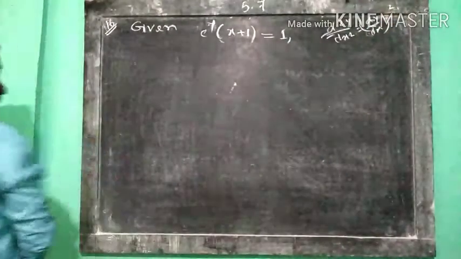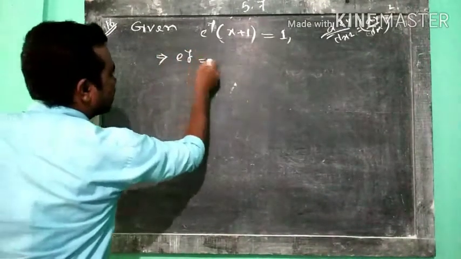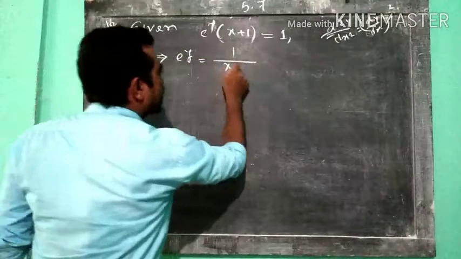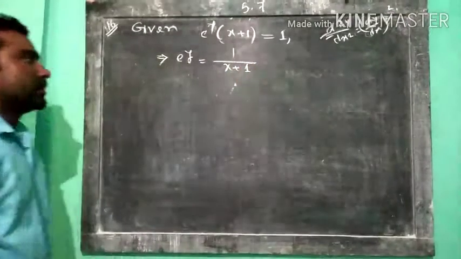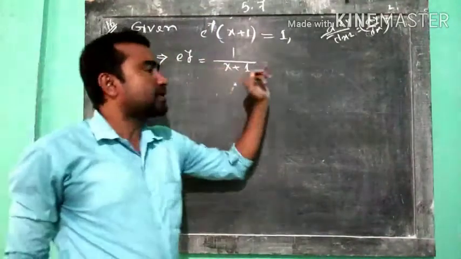So first of all, this can be written as e to the power y is equal to 1 by x plus 1. So this equation can be written in this form also.